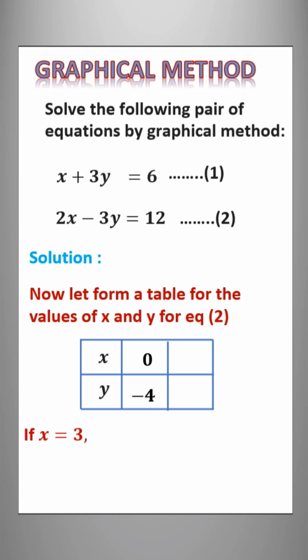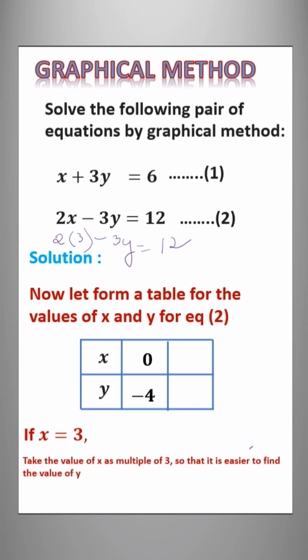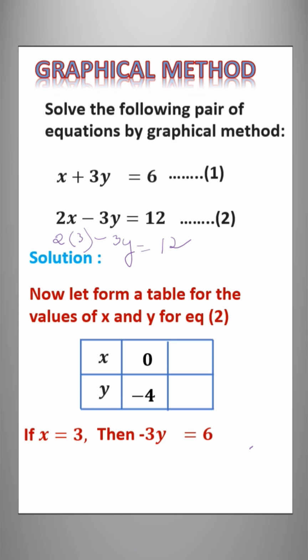Now let us take x is equal to 3. 2 into 3 minus 3y is equal to 12. Negative of 3y is equal to 12 minus 6. Negative of 3y is equal to 6. y is equal to negative of 2.